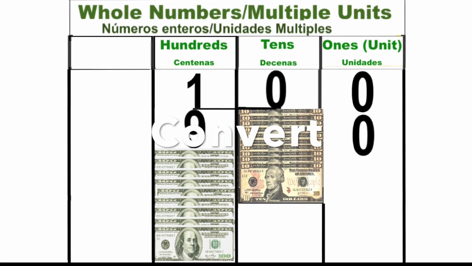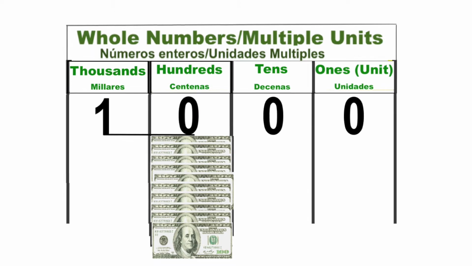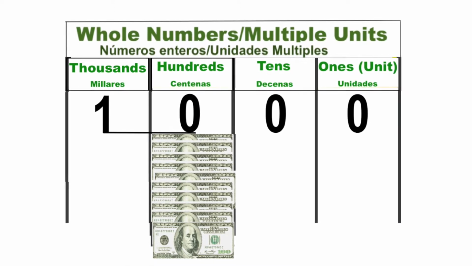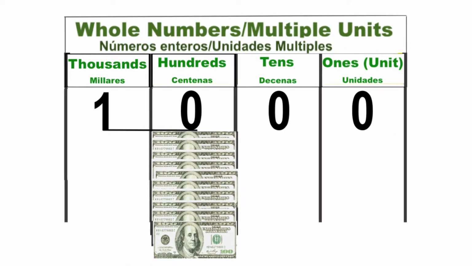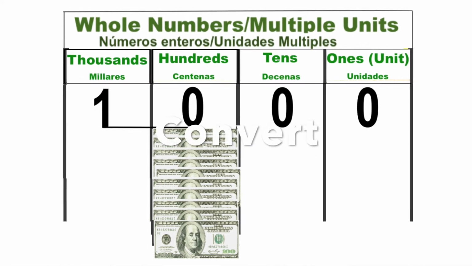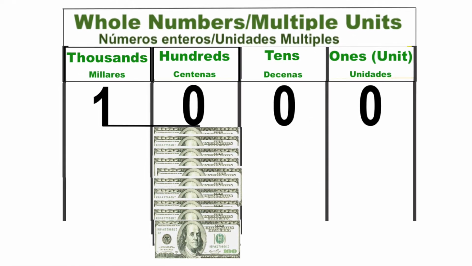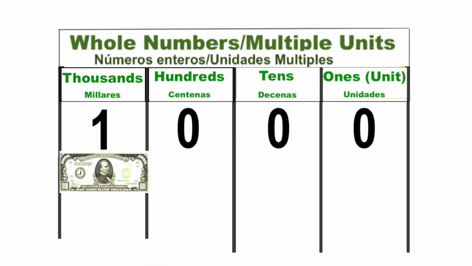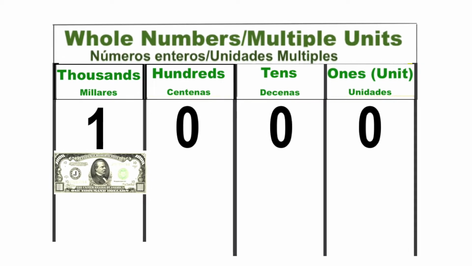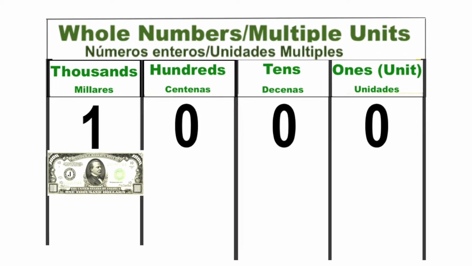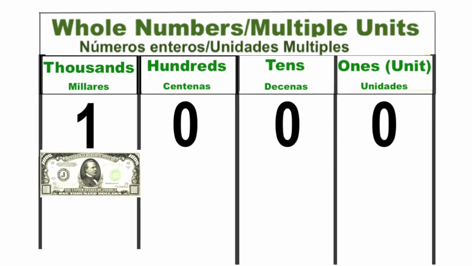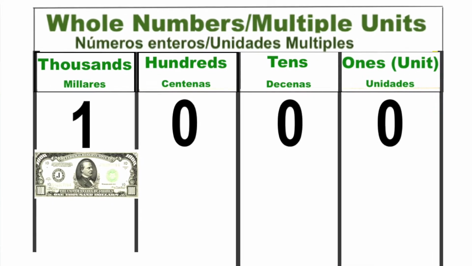Convert 10 tens to a 100 for a total of 10 hundreds, 0 tens, 0 ones. Convert 10 hundreds to 1,000 for a total of 1,000, 0 hundreds, 0 tens, 0 ones. 1,000.